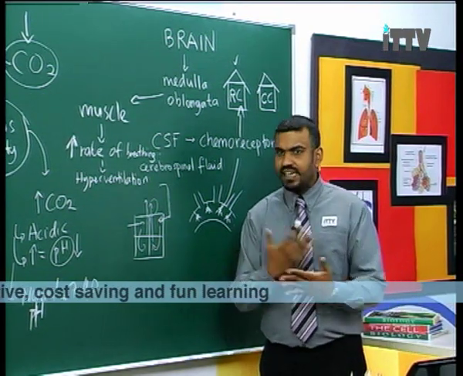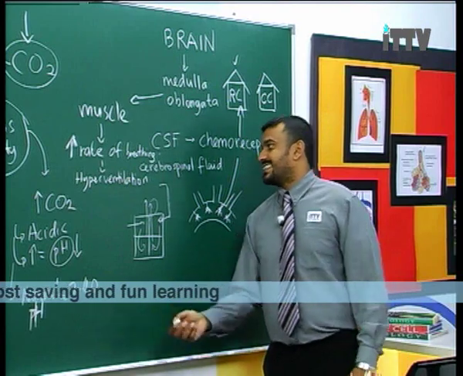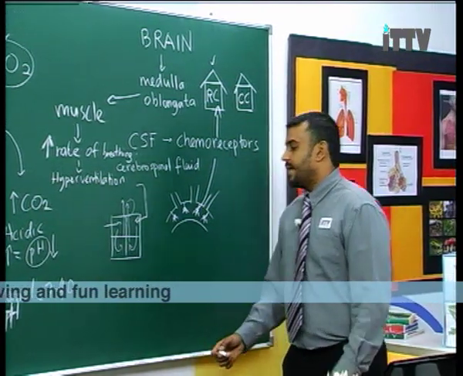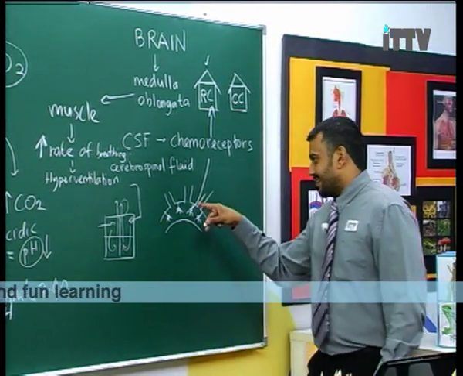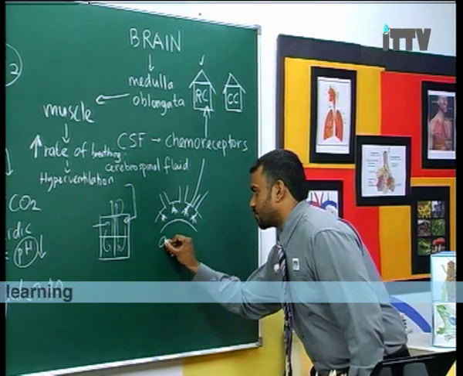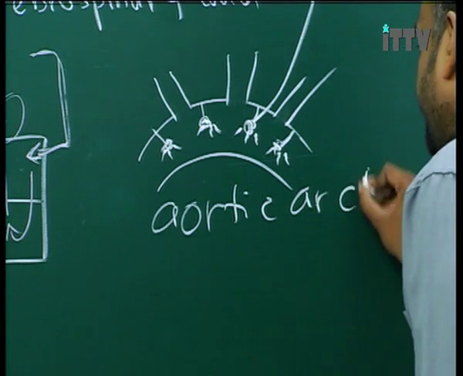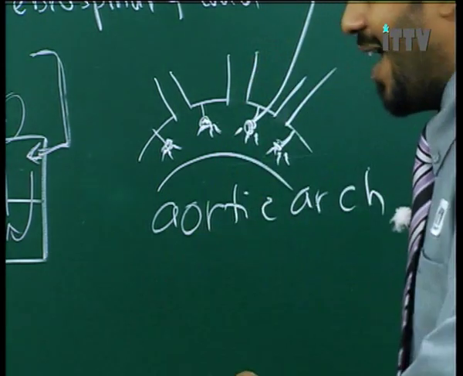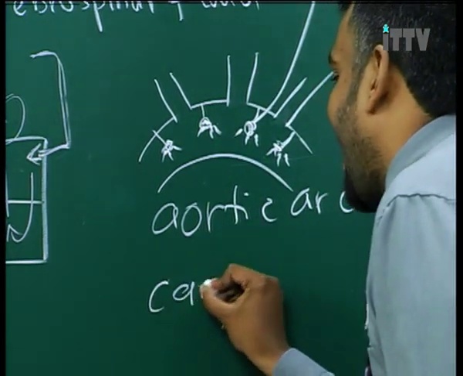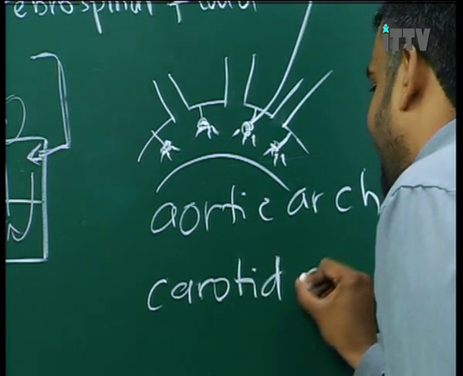Correct or not? Very smart idea. So the second part of the body will be these arteries. The one we saw just now was known as the aortic arch. The one that I'm telling you now is the carotid artery.